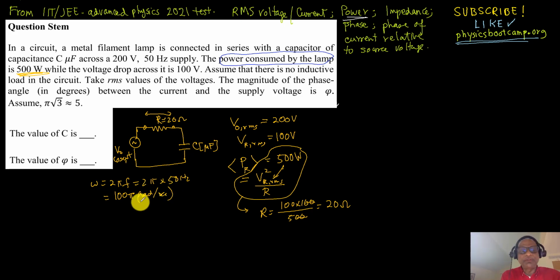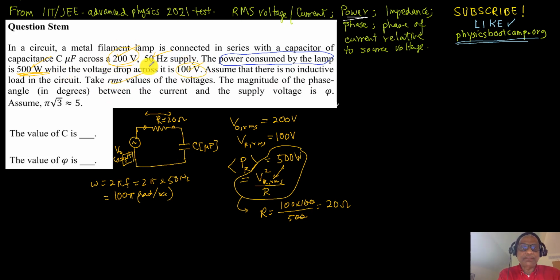But sometimes people write radians per second because it's going to be inside an angle, so that the whole angle is in radians if I use omega. Okay, so we got that, and there's no L here, so we got that.